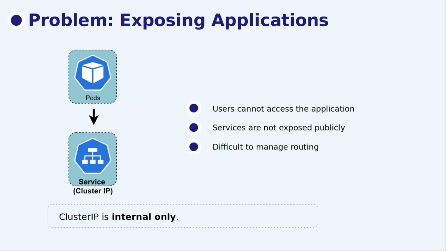Imagine running a real website with multiple APIs, microservices, and front-end applications without a proper external gateway. Managing traffic would become extremely difficult. So we need a clean and scalable way to expose services to the outside world, and that is where Ingress comes in.